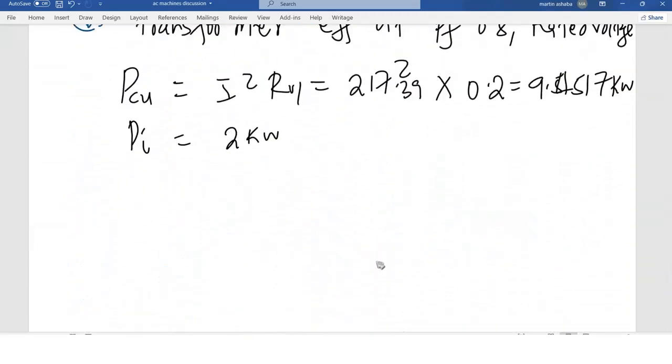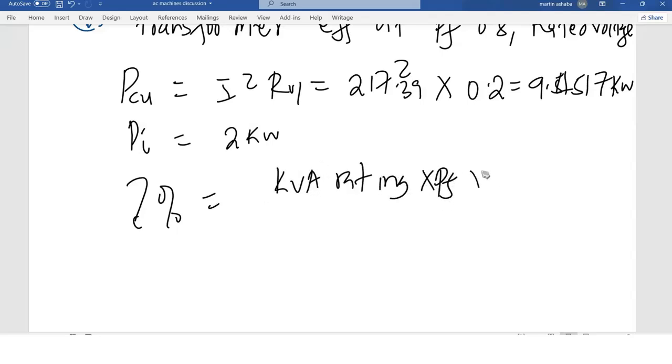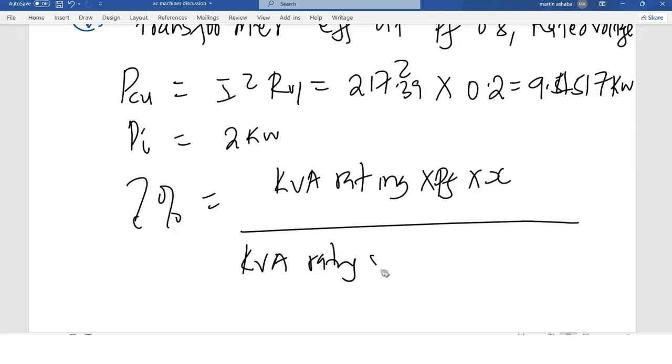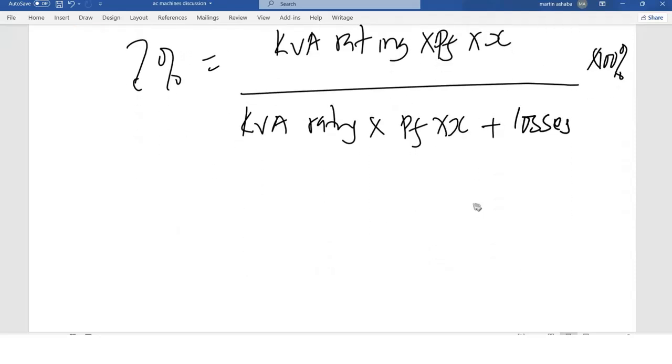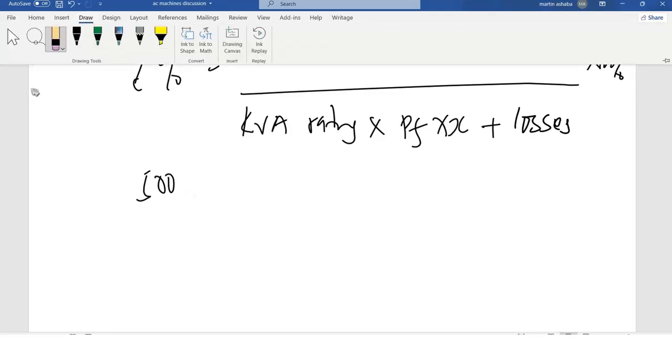So what next? Our task is now to look for the percentage efficiency of the transformer, which is going to be the kVA rating times the power factor times the load x, divided by the kVA rating times the power factor times the load x plus losses, multiplied by 100. We know that the kVA rating is 500, but since we have converted everything to kilowatts, we can leave the rating in kVA.